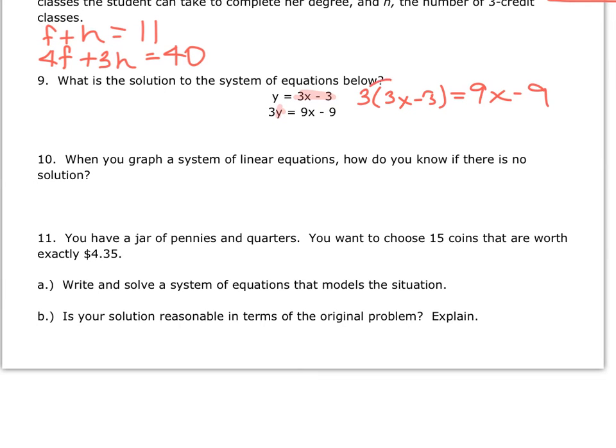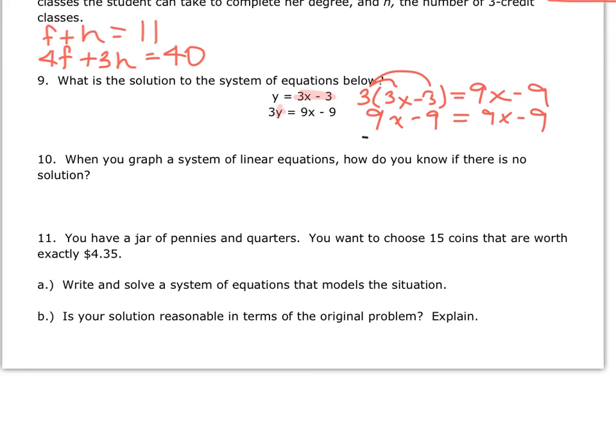So what's 3 times 3? Sorry, 3x. 9x, and 3 times negative 3? Negative 9 equals 9x minus 9. All right.